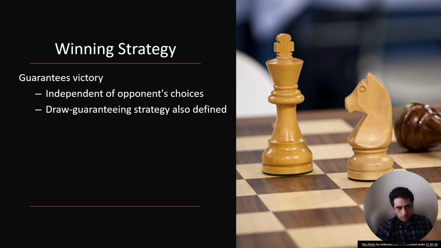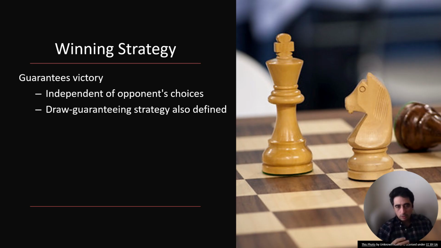So that means if you have a winning strategy in the game of chess, even if you play with the world chess champion or the strongest chess engines in the world, you're going to win. Right? Whatever they do, you just move the pieces based on the winning strategy, and you're going to win.